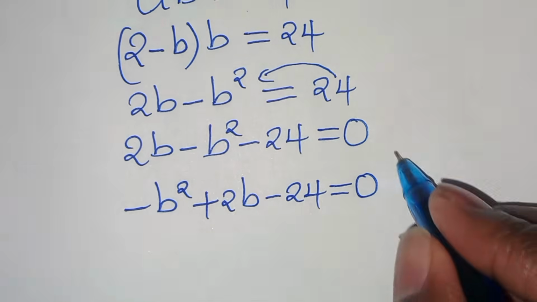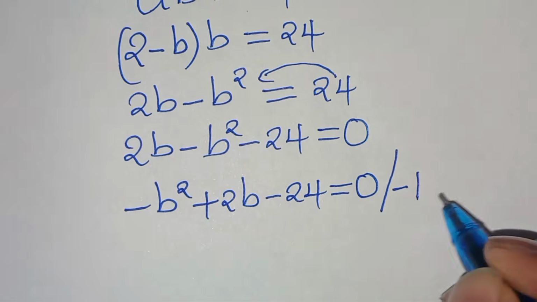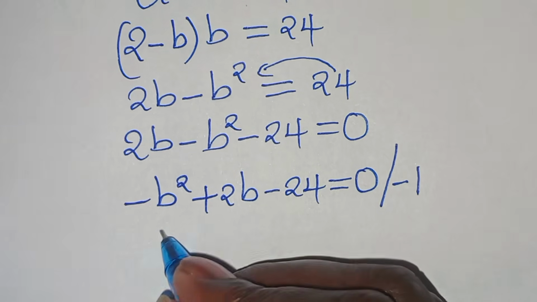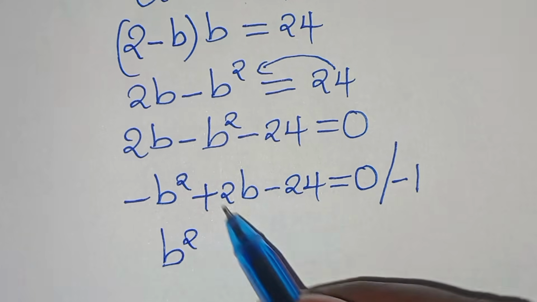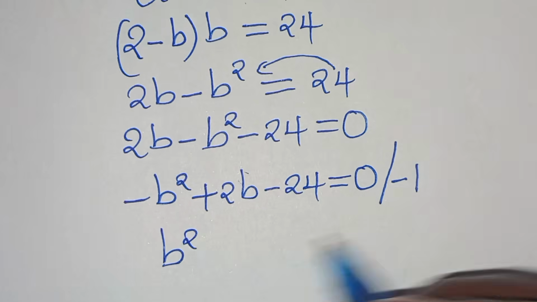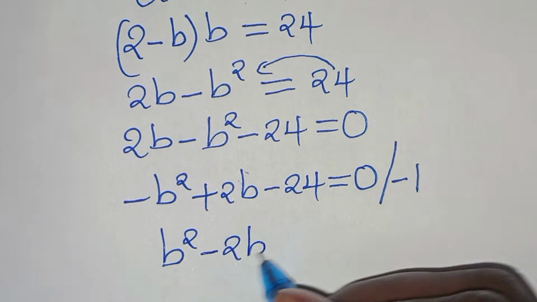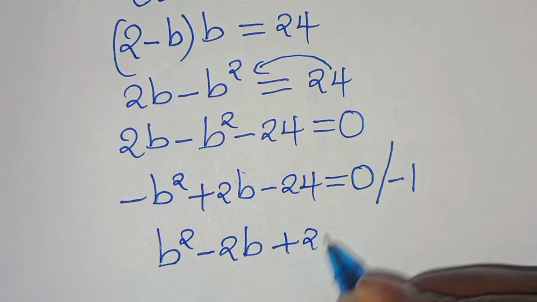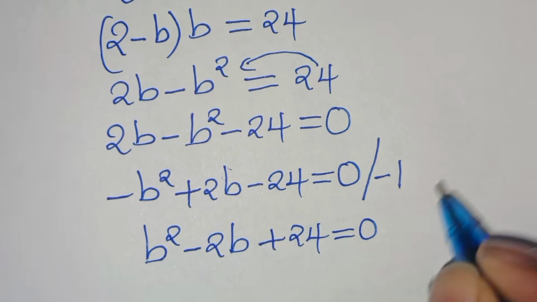So let's divide both sides by minus 1. So that minus b squared divided by minus 1, this is b to the power of 2, then plus 2b divided by minus 1, this is minus 2b, then minus 24 divided by minus 1, this is plus 24, this is equal to 0.